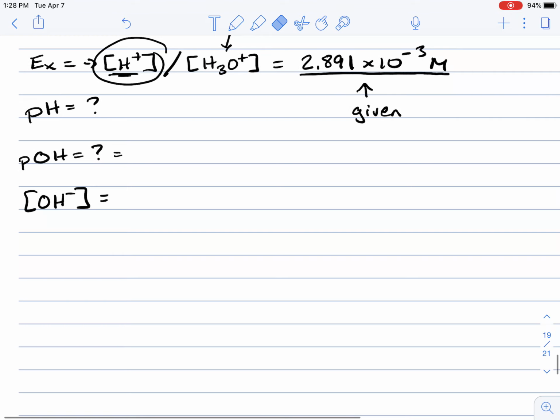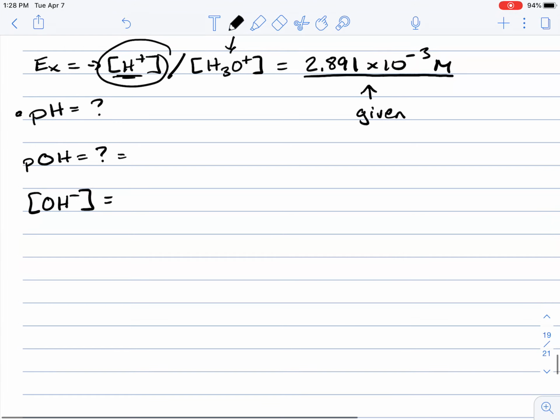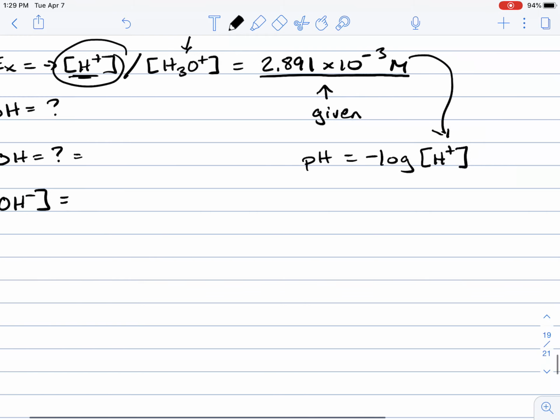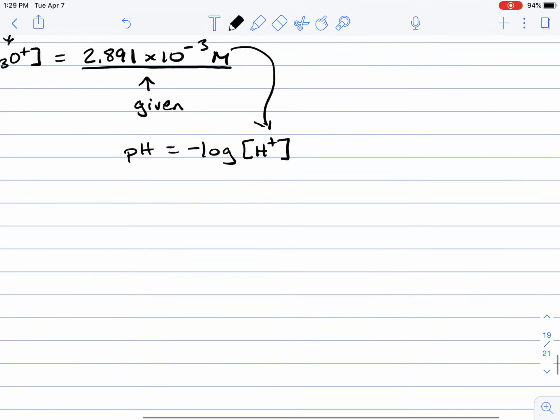Since the concentration of hydrogen ion was already given to me, I'm going to go ahead and solve for the pH first. The pH is defined as the negative log of the concentration of H+. Since this value is already given to me, I'm just going to plug it into this equation, so that the pH is equal to the negative log of 2.891 times 10 to the negative 3.